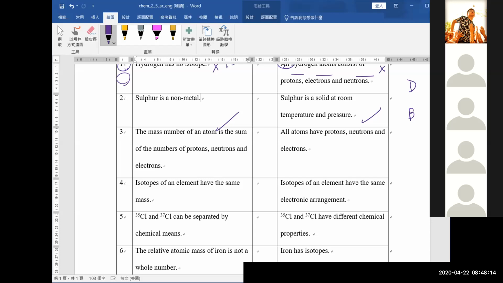You just write down C. You know that the first statement is not correct. So could you please change it? The mass number. What is that? It's an atom is the sum of protons, neutrons, and electrons. How wrong is this? Can you correct it?